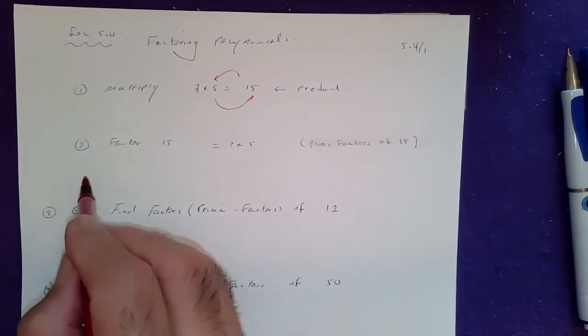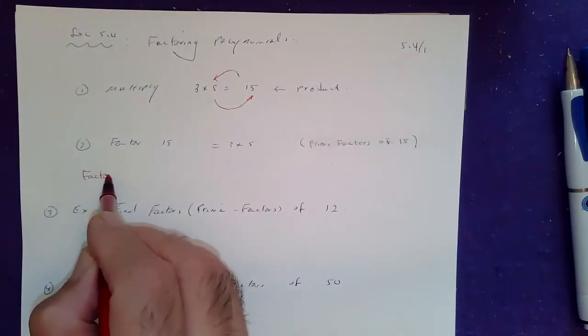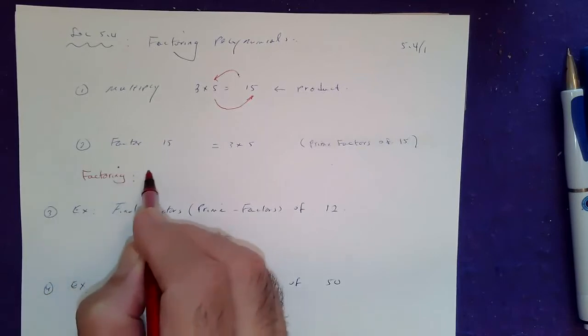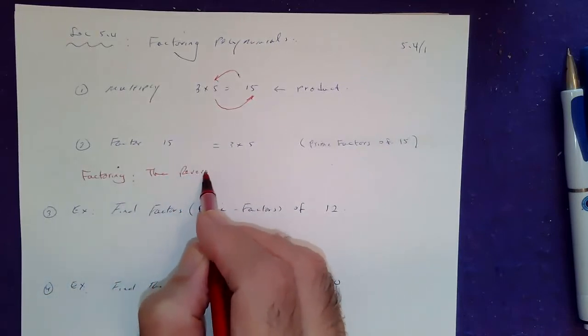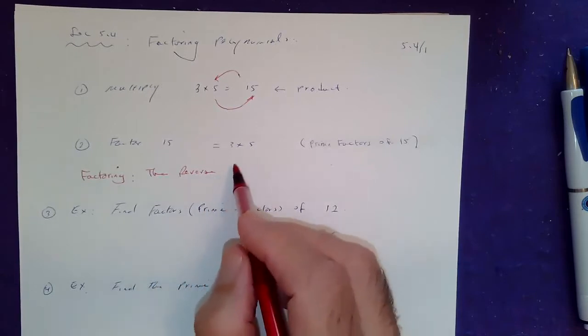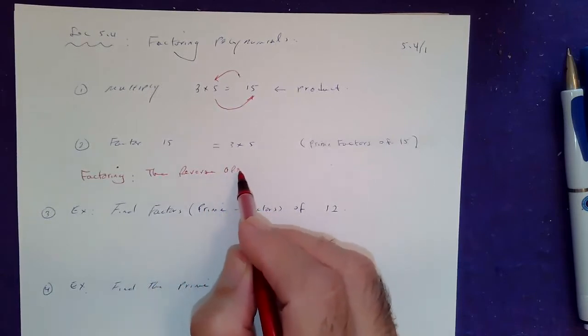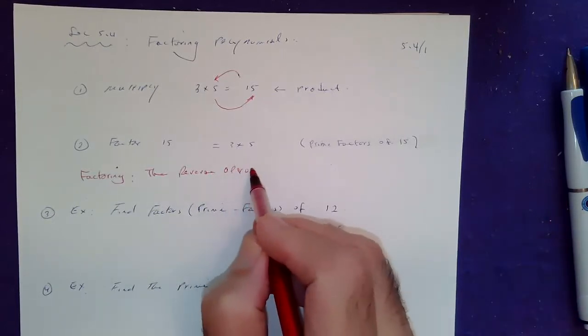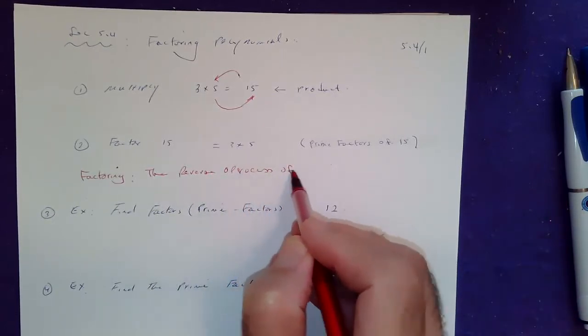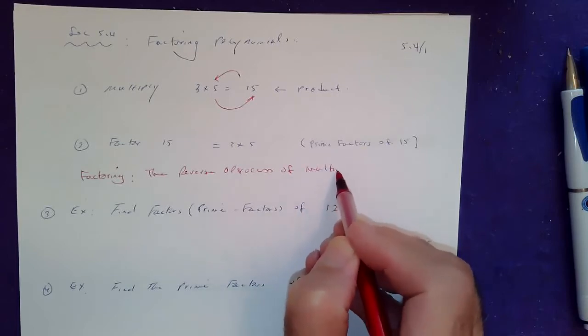So if I had to define what factoring is, I would say not the opposite, but the reverse process of multiplication. How is that?